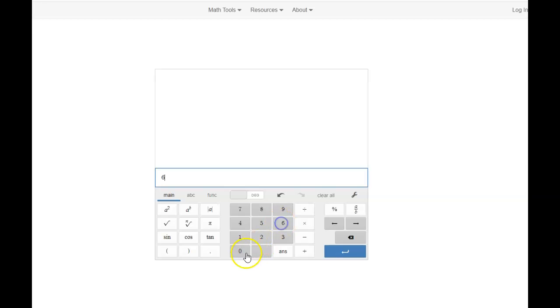So our job is to find 60,000 times 1.01 to the power of 20. And we can see how much money we have there.